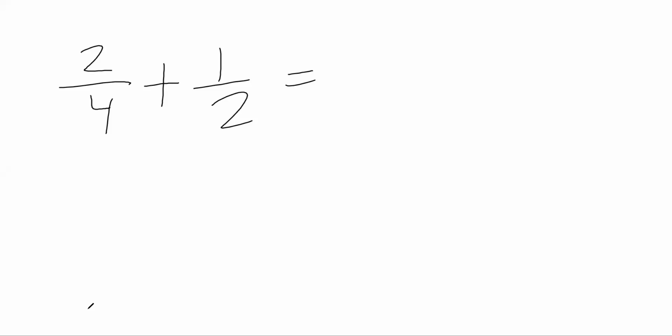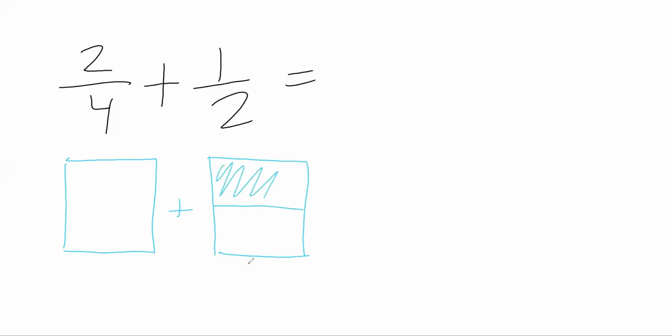And so if we thought about how we could model these two fractions, that might help us put them together. Let's take a look at that. So this would be 1/2. This would be 2/4. Well, all right, if we looked at something like this, we can see that we have different size pieces, right?